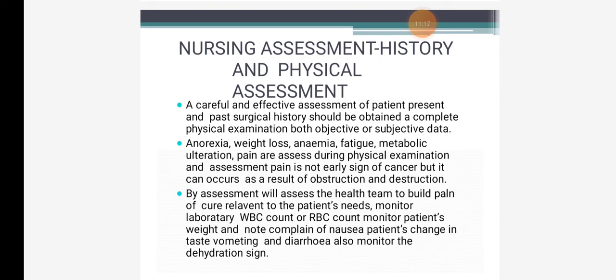Pain will be assessed. Pain is not an early sign of cancer, but it can occur as a result of obstruction and destruction, because malignant cells will continuously grow and compress the surrounding tissues or structures, and because of that the obstruction and compression cause the pain.